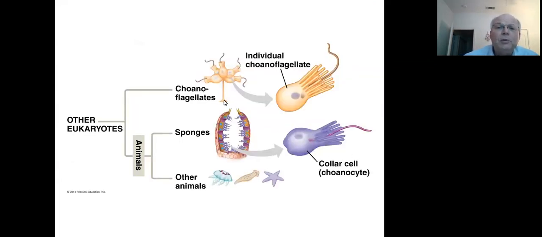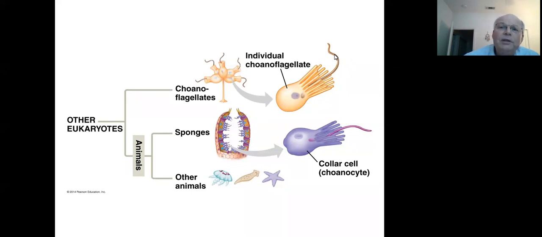Here is the colonial choanoflagellate. And so these individual cells are the individual organisms, but they live as a colony. And the cells have a main cell body with this tentacle-like arrangement known as a collar, with a protein net connecting these tentacles together, and then a single flagellum that emerges out of the middle of the collar.